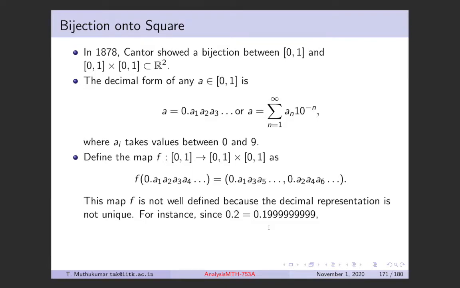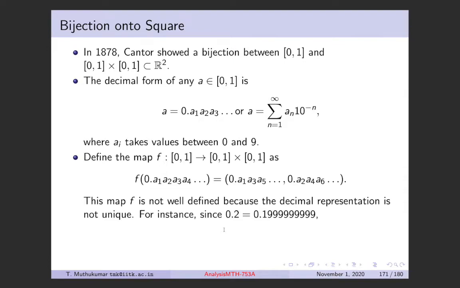So if I look at the number 0.2 in 0 1, it has two decimal representations. Now if we define the map like this, the same point is mapped to two different elements, and that's not even a function. It's multi-valued.